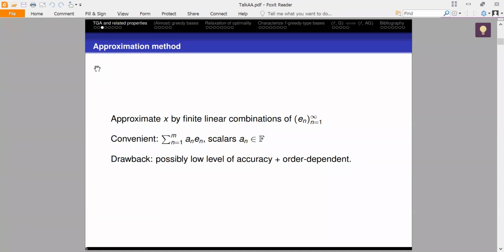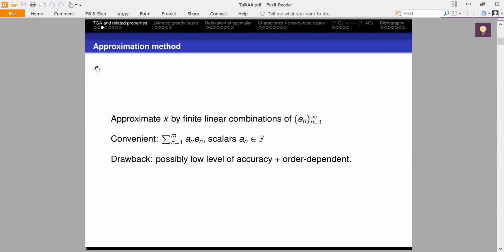So that's why I have the summation of e_n for n runs from 1 to m. This way you are using some ordering because you're looking at the first m vectors in the basis. There are two drawbacks to this method. The first drawback is that this has a low level of accuracy, because you will see why later.